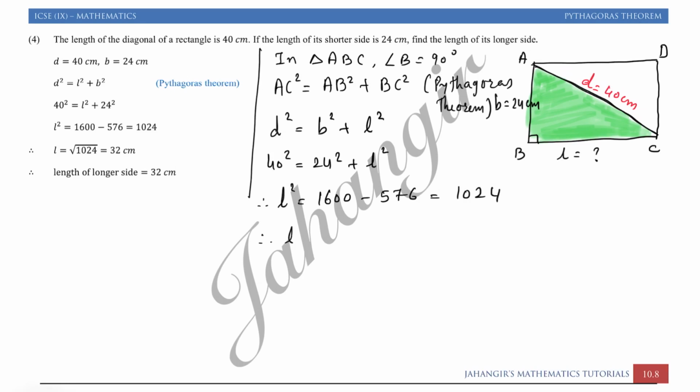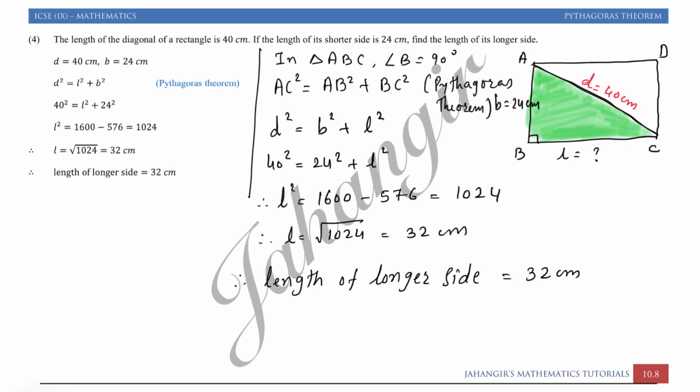So therefore length is equal to square root of 1024, which is equal to 32 centimeter. Last we will write statement, therefore length of longer side is equal to 32 centimeter.